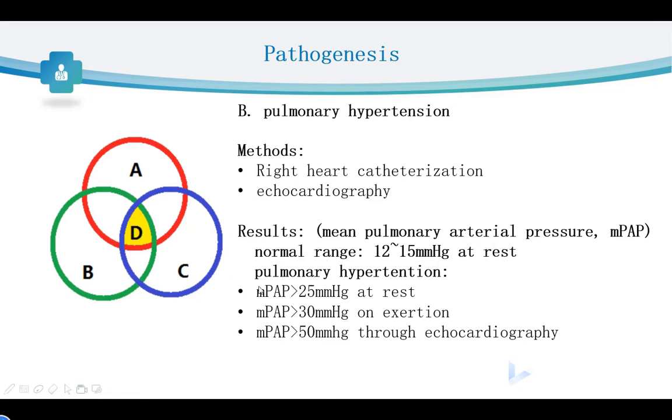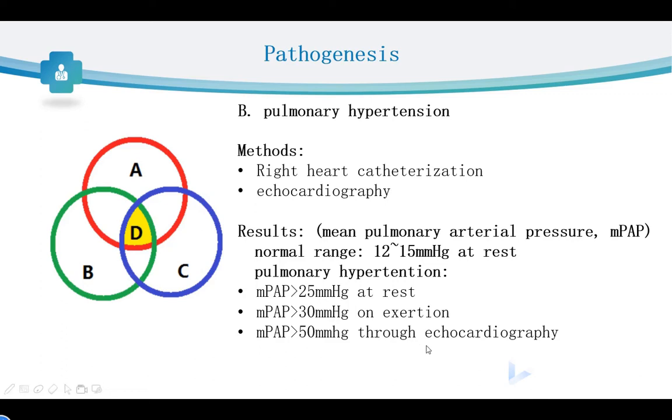And once the MPAP is more than 25 millimeter of the mercury at rest, or more than 30 millimeter of the mercury on exertion, we can diagnose a pulmonary hypertension by the right heart catheterization.